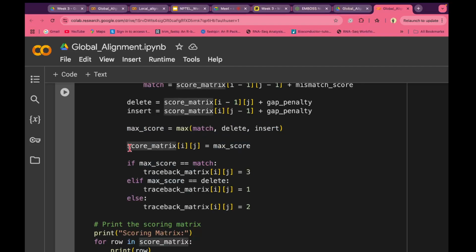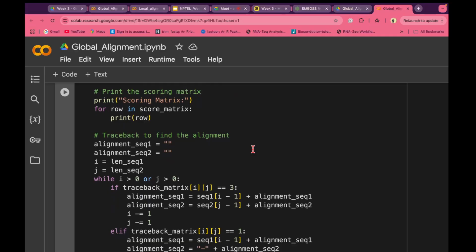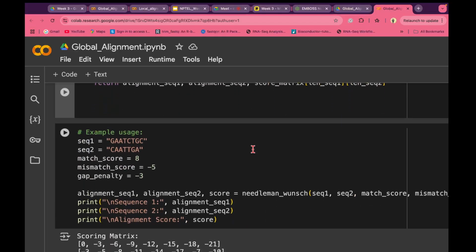Then I save the final score in the matrix. Finally I have generated a traceback matrix here. Here I am giving the similar example that we have solved.